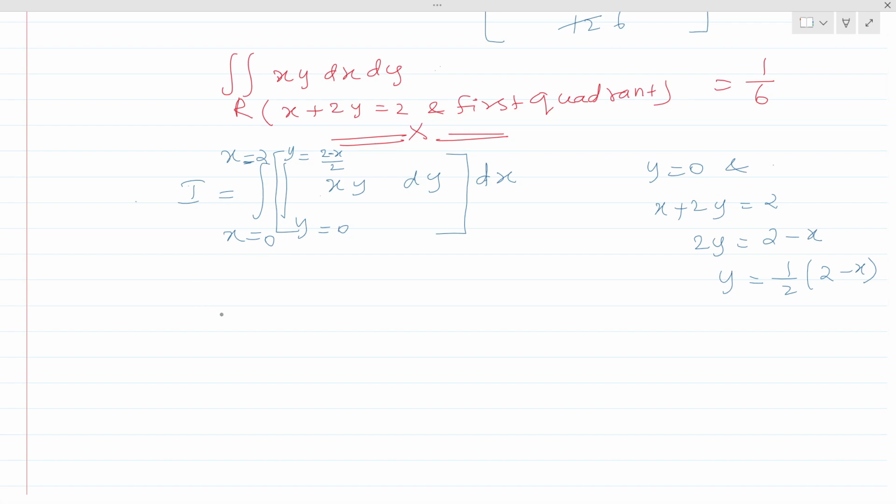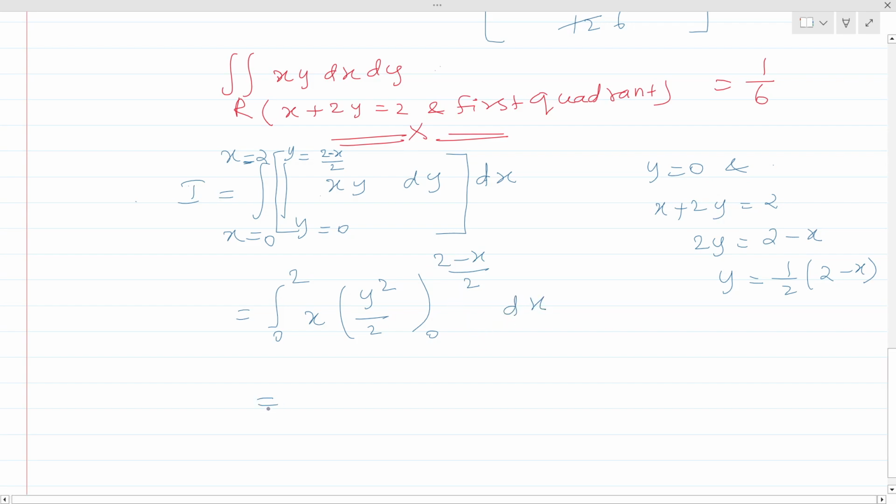Therefore, if you are integrating this, first you have to integrate with respect to y. You get the integral from 0 to 2, keeping x as a constant, x times y square by 2, varying from 0 to (2 minus x) by 2, dx.